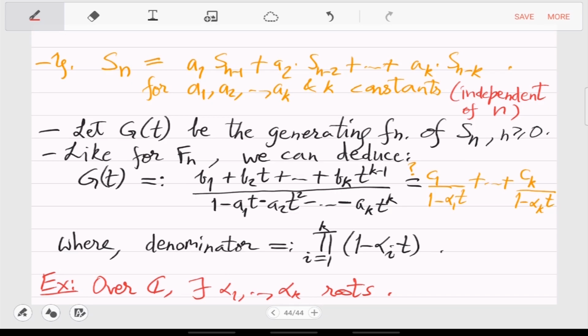When can you write this as this sum of 1 minus alpha i t that I have written? When is this possible? Is it always possible? Right, so also show that when alpha i's are distinct, then that representation will exist.